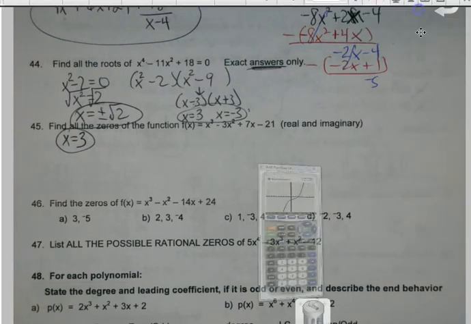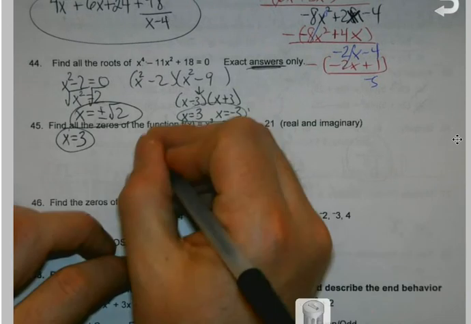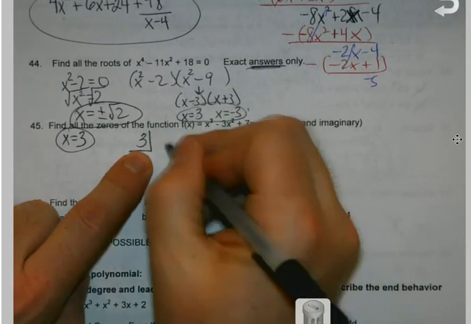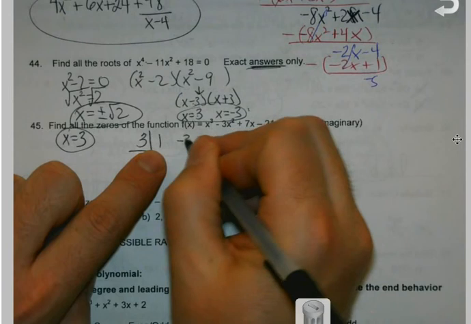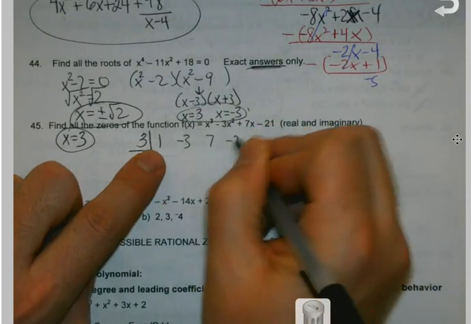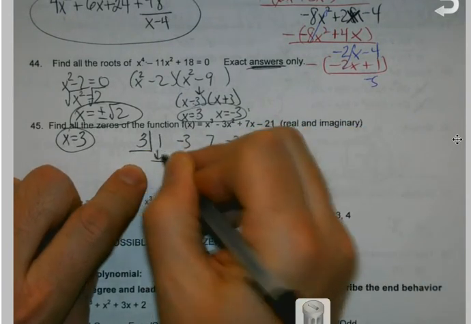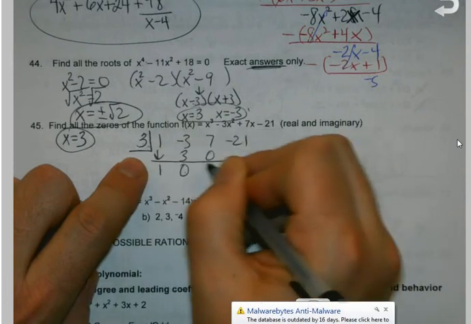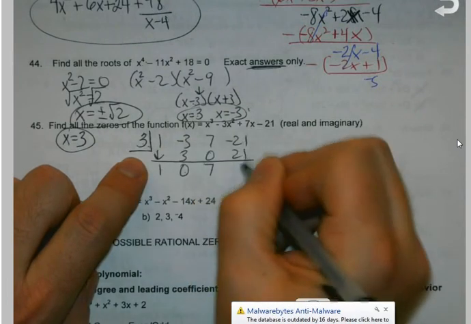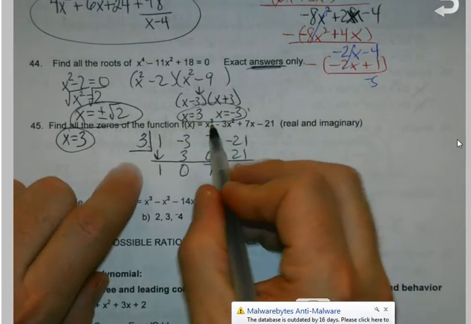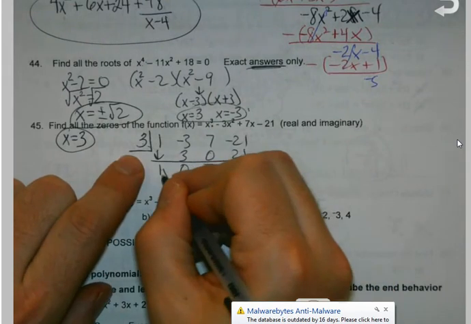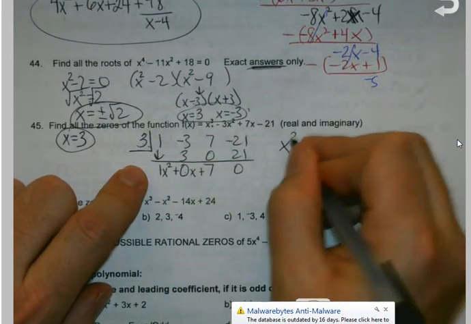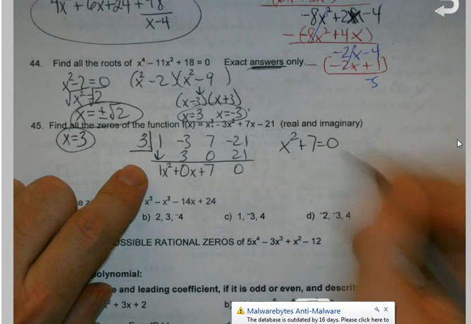So the calculator's not going to do me much good at this point. This is where I use synthetic division, and since I was given the x value, don't change the sign. No holes. So multiply and add, multiply and add, and add. And since I started with a degree 3, I got x squared plus 7 equals 0.